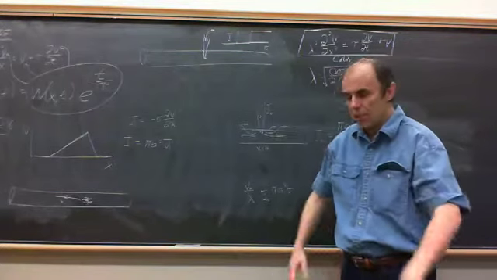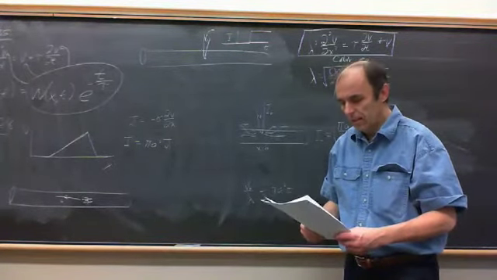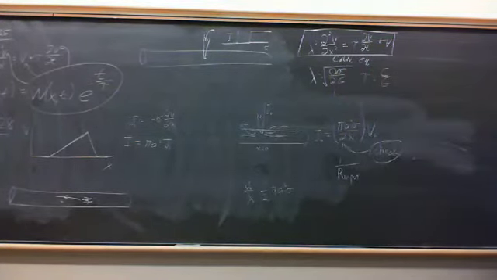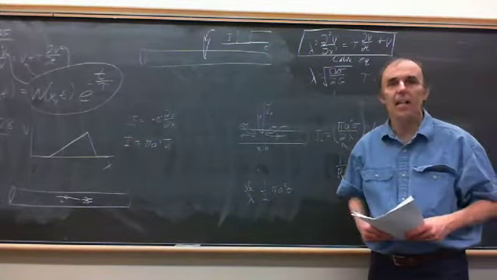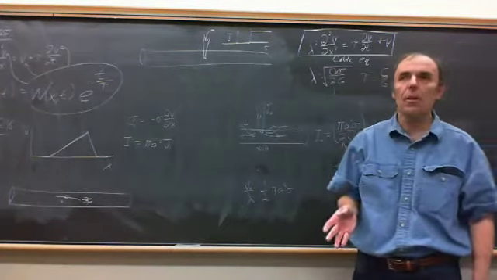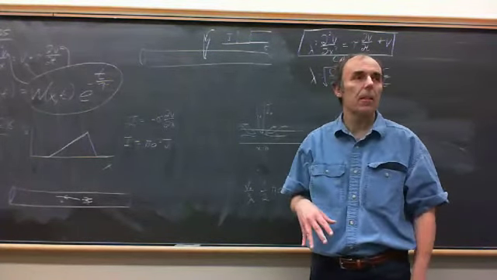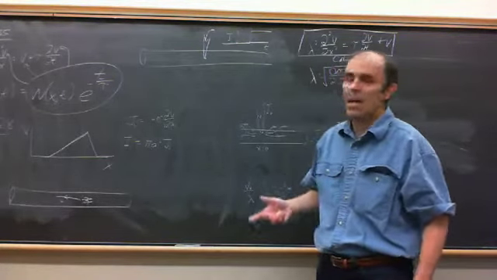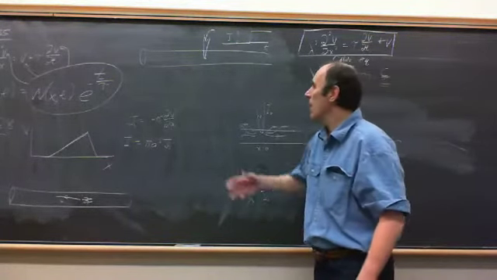The book talks about this solution in figures 6.30 and 6.31, and I would encourage you to take a look at it. It's not something you're going to have to do in this class. You either do it numerically or with some fancy math that we haven't studied. But it is possible to solve it.